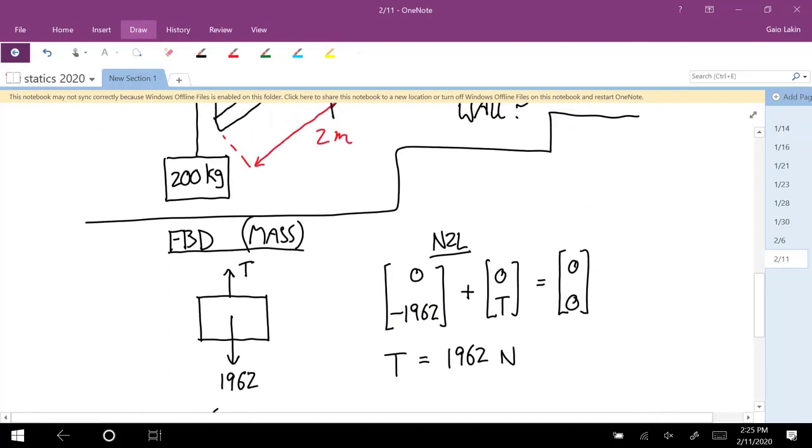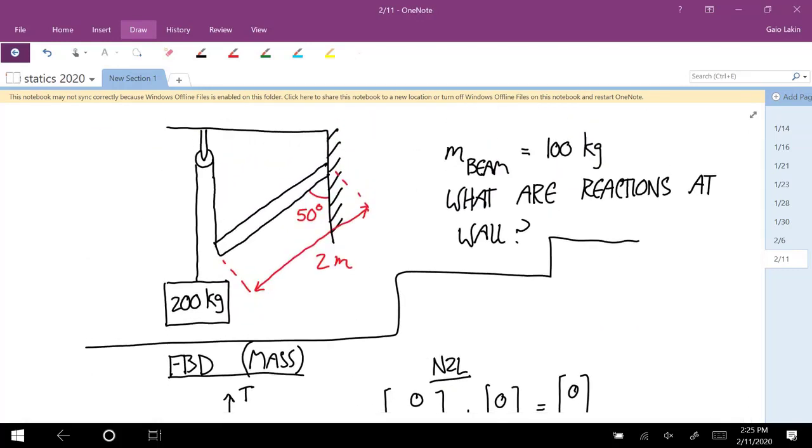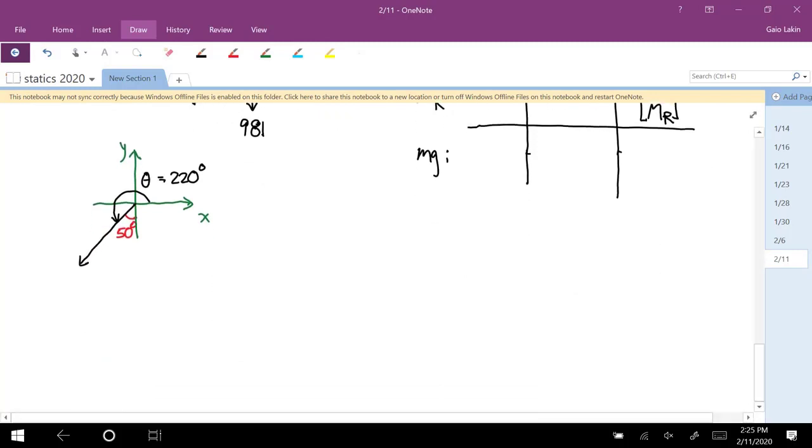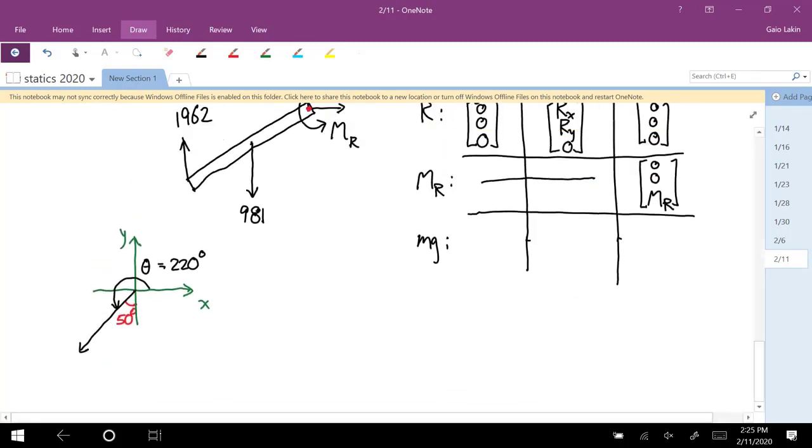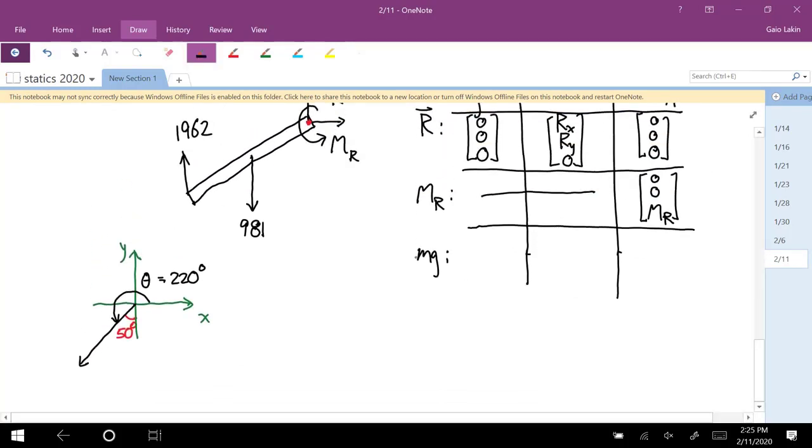The length of the beam is 2 meters. So the distance to the middle of the beam is 1 meter. So for the weight force here, we have 1 times cosine of 220, 1 times sine of 220.